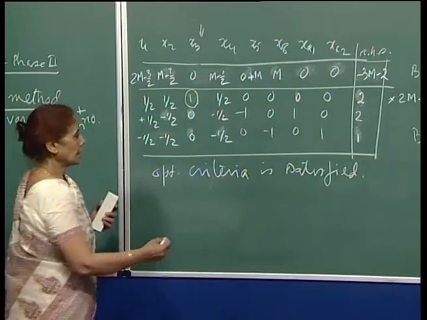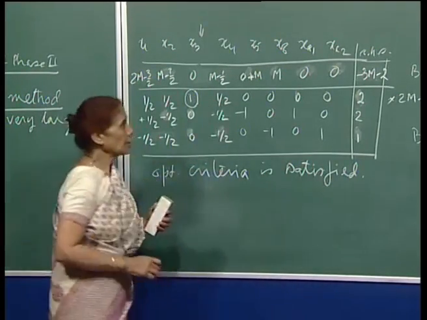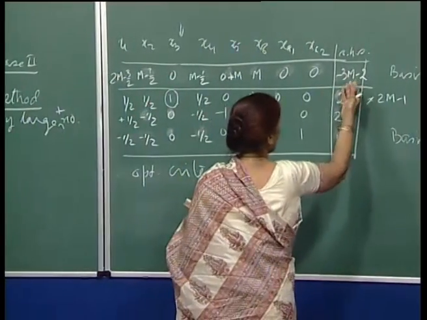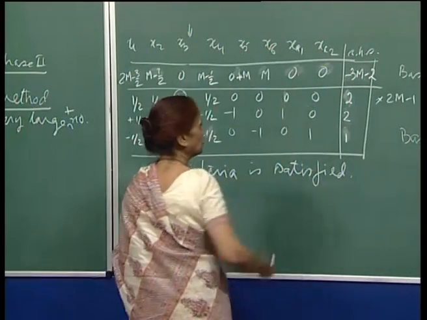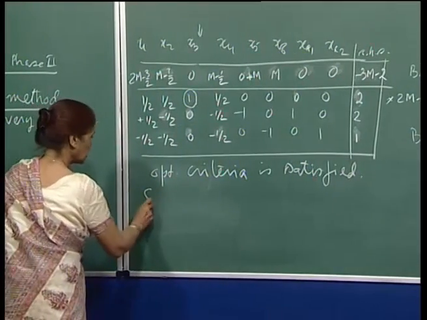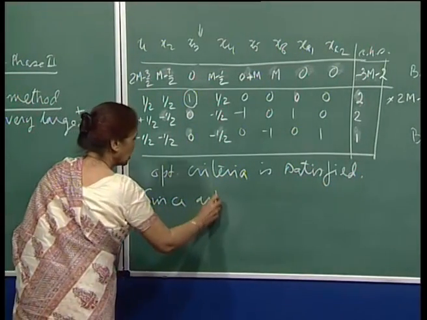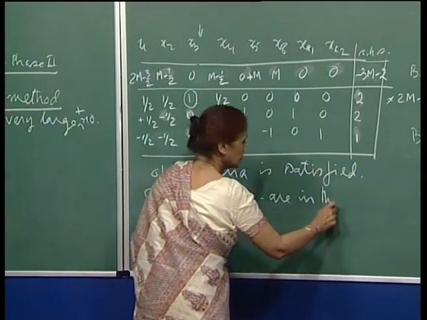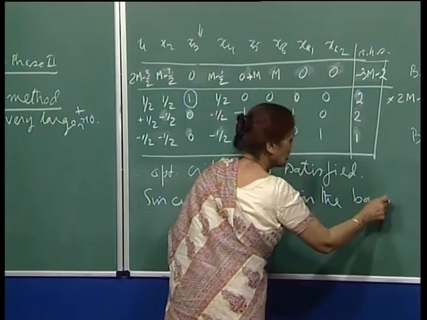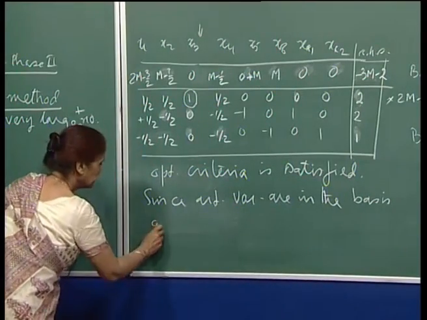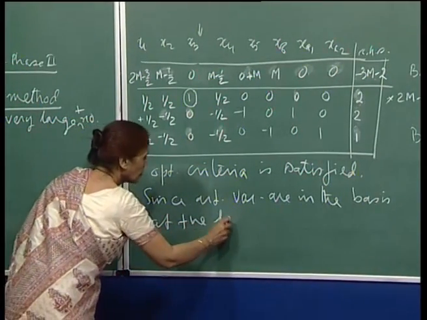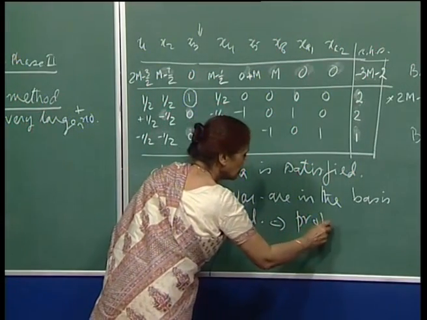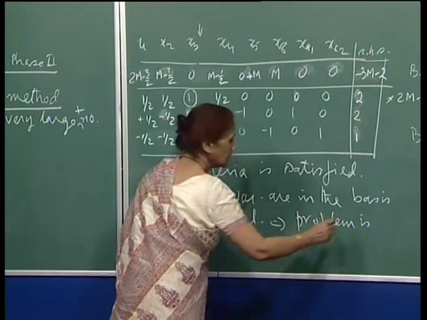We cannot proceed with the simplex algorithm, but your artificial variables are in the basis. Therefore, since artificial variables are in the basis at positive level, this implies the problem is infeasible.